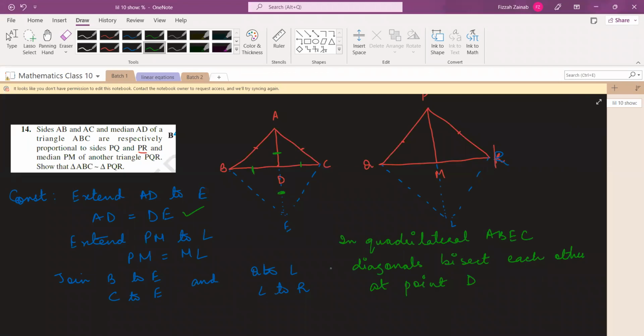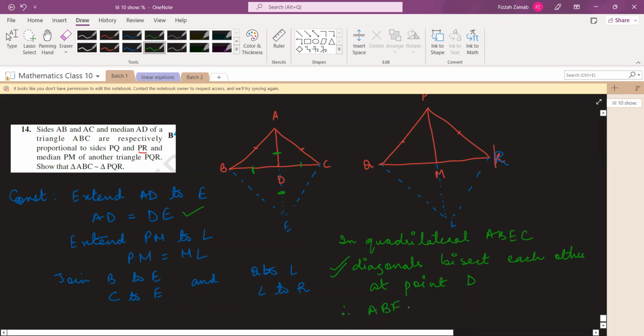So the diagonals are bisecting each other at point D. Now, if in a quadrilateral the diagonals bisect each other, then it is a parallelogram. Therefore we say that ABEC is a parallelogram, because the diagonals are bisecting each other.